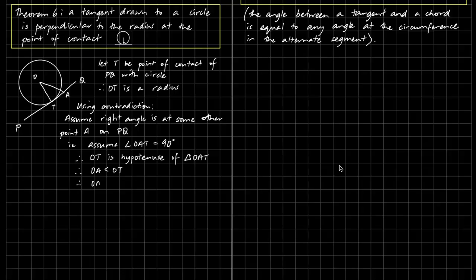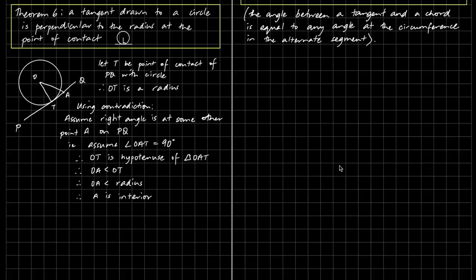So therefore we're saying that OA is less than the length of the radius, because OT is a radius. So if OA is less than the radius length, then the point A must be interior to the circle, mustn't it? You can't have a distance from the center that is shorter than the radius and get to some point that is exterior to the circle.